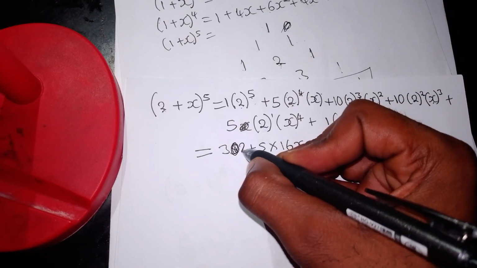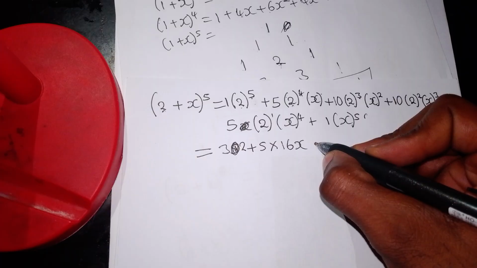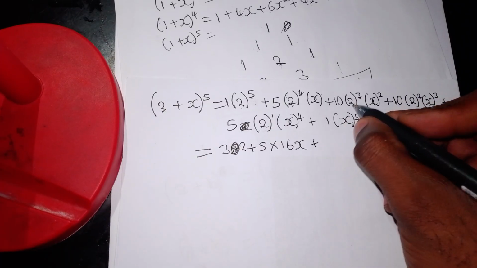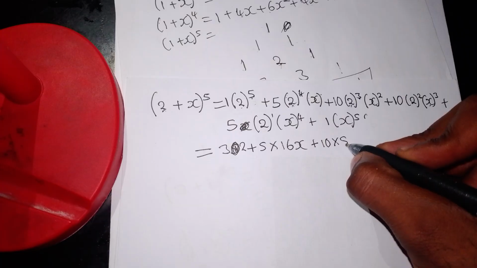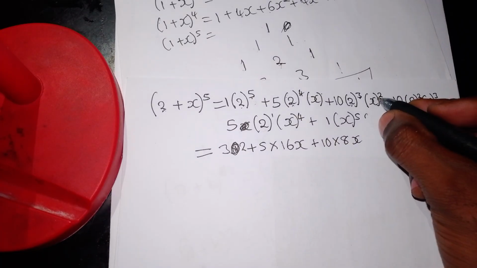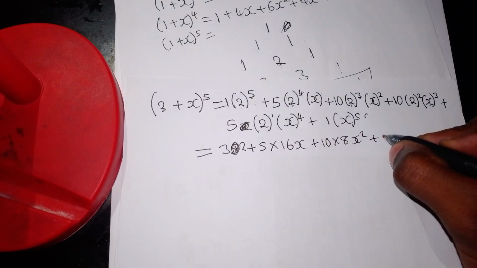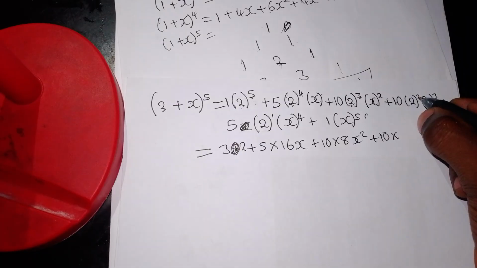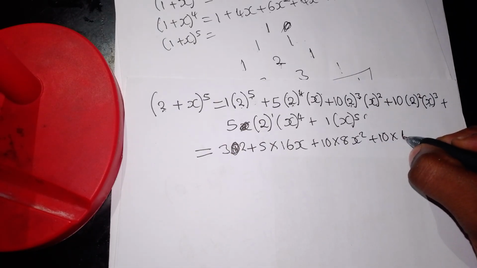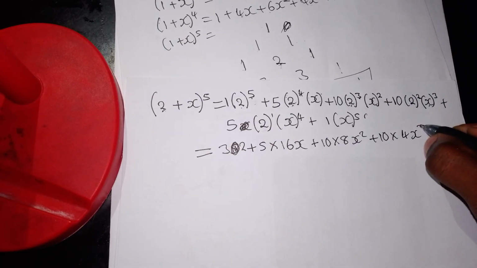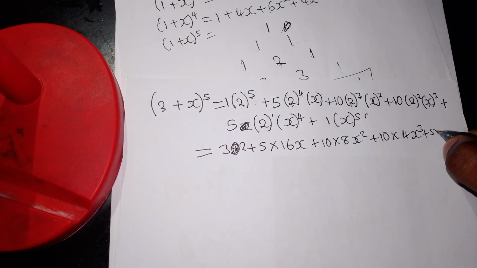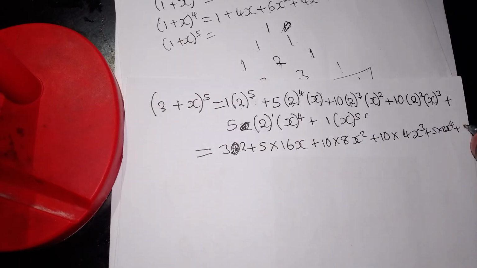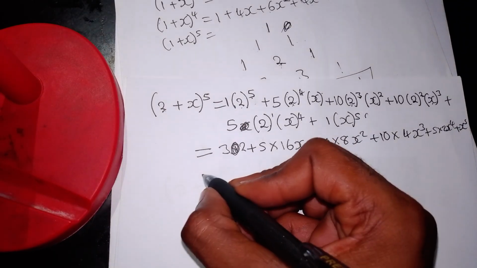I meant to write 32, and then plus 10 multiplied by 2 to the power 3, this is an 8, and then x squared, plus 10 multiplied by 2 to the power 2, that's a 4, and then x to the power 3, and then 2 to the power 1, that's a 2 multiplied by x to the power 4, and then the last term is x to the power 5.